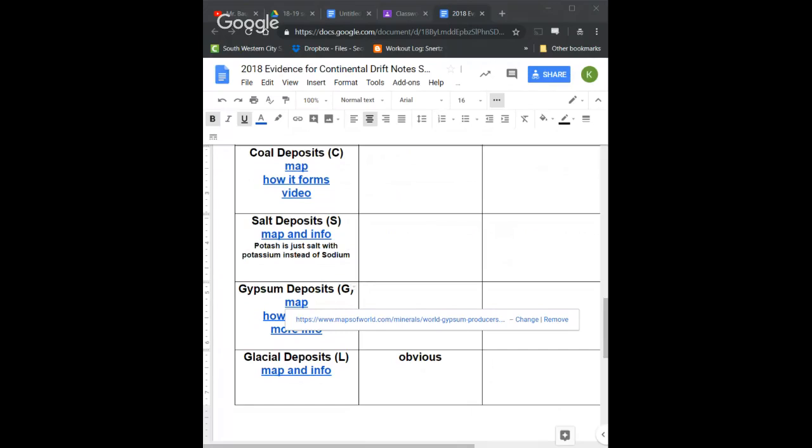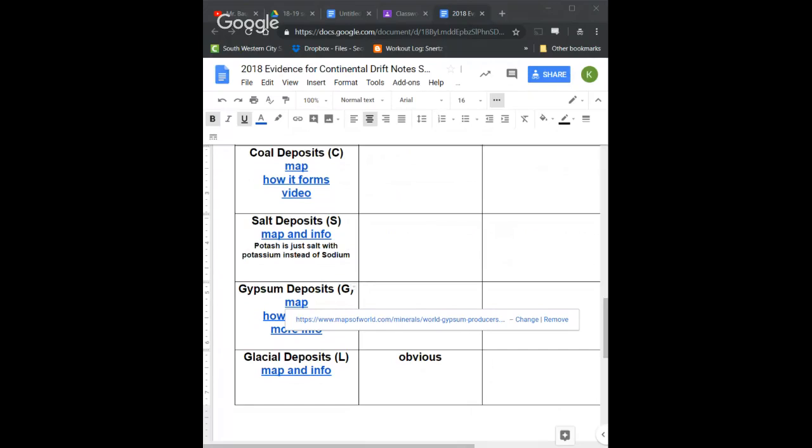We'll talk about that on the next school day. Everyone else needs to answer the questions. The map they made.